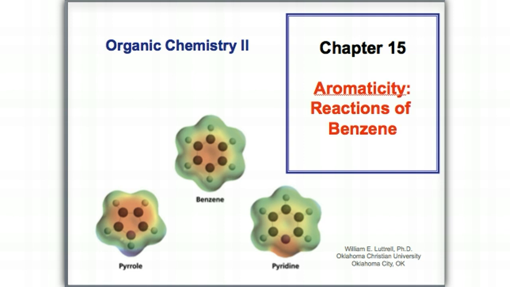Compounds like benzene have been found in oils from various trees and plants, and chemists call these compounds aromatic because of their very pleasing fragrances. They're different from aliphatic compounds with higher hydrogen to carbon ratios, which came from fats.